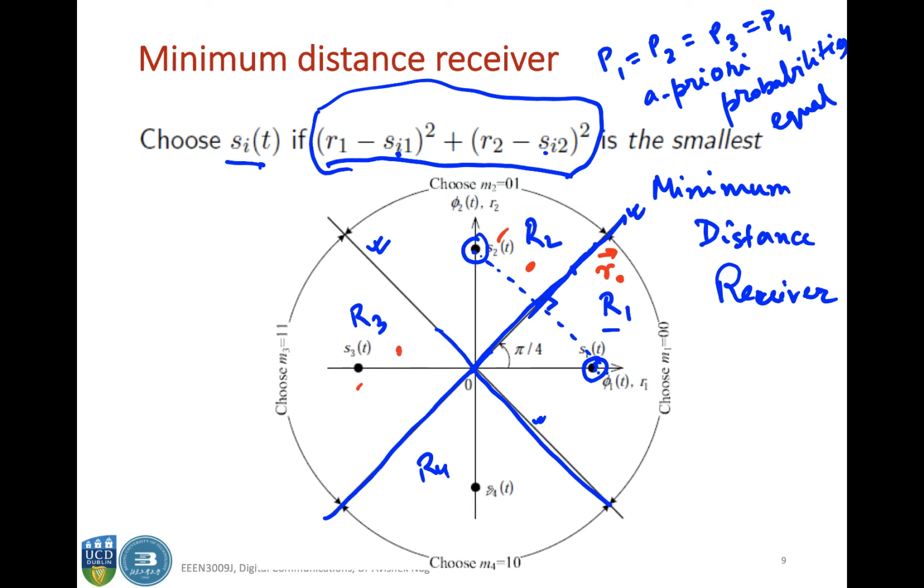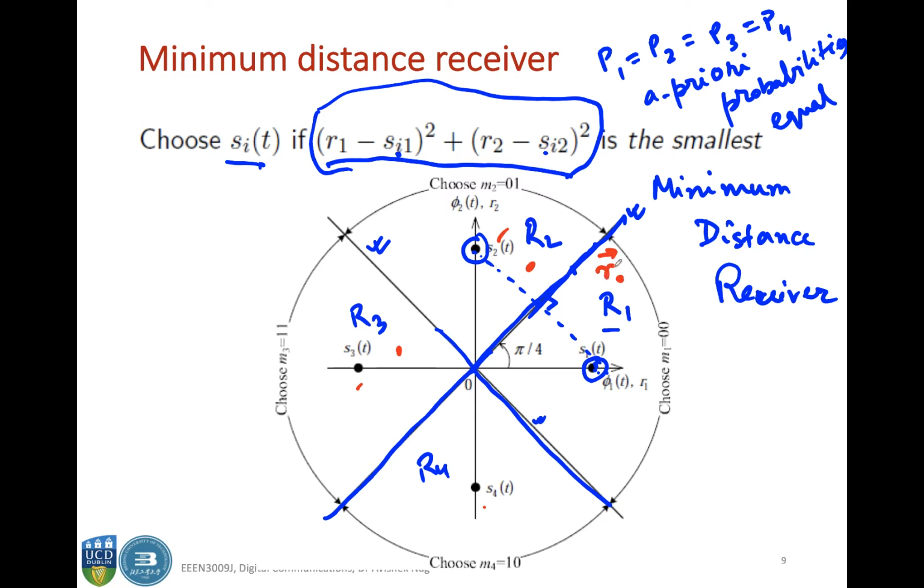And if it falls here, then you choose S4. This is how you have the decision rule. And just to mention, this is also true for the binary case, in case I didn't mention this while I was teaching binary communication.